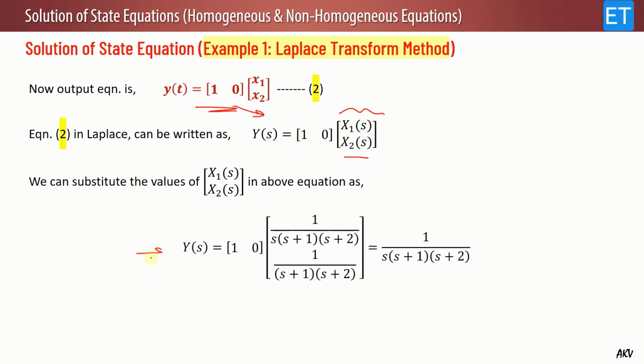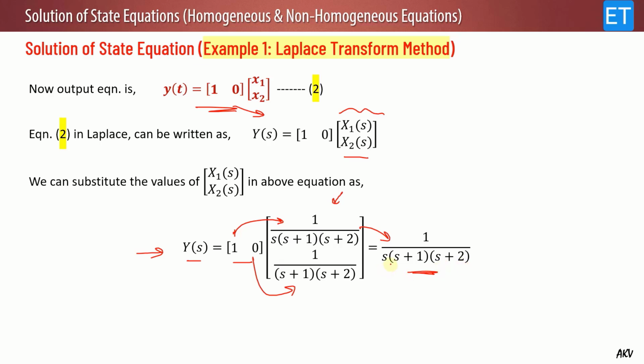So okay, this is what I achieve. So ys equals matrix C, x1s and x2s. So you need to multiply these two matrices. The 1 will be multiplied with the upper expression, 0 will be multiplied with the lower expression. So only the upper one is extracted. So this is the ys.